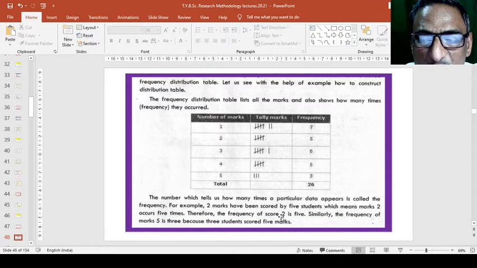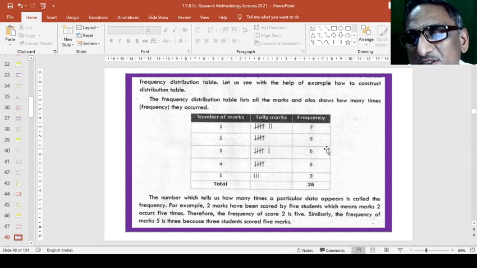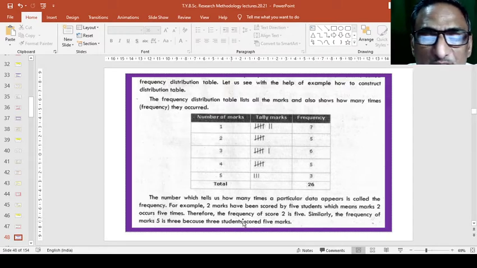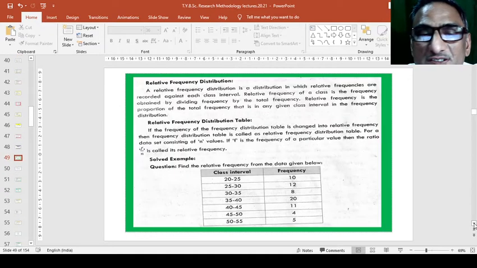Therefore, the frequency of score 2 is 5. Similarly, the frequency of 5 is 3 because 3 students scored 5 marks. In this way, who got how many marks, how many times, we can calculate the frequency from the frequency table.